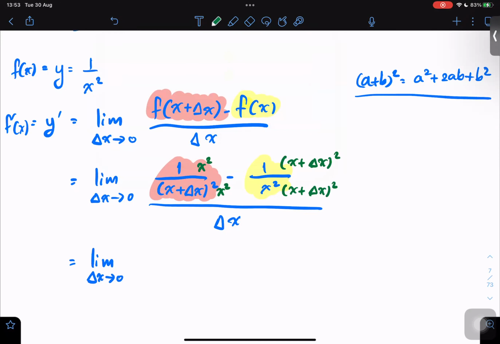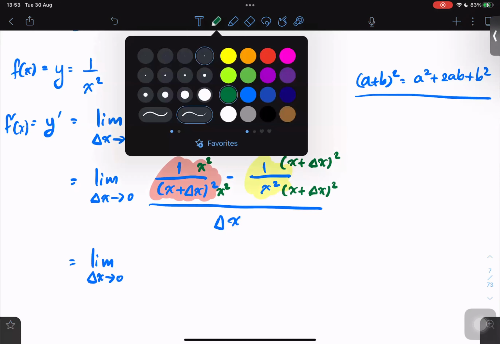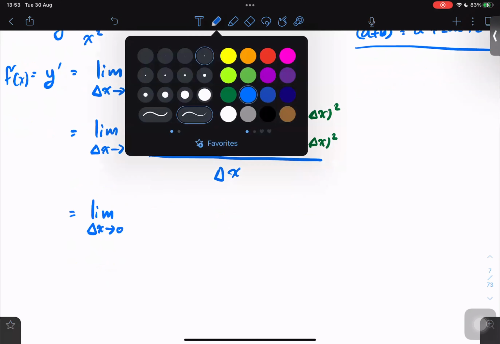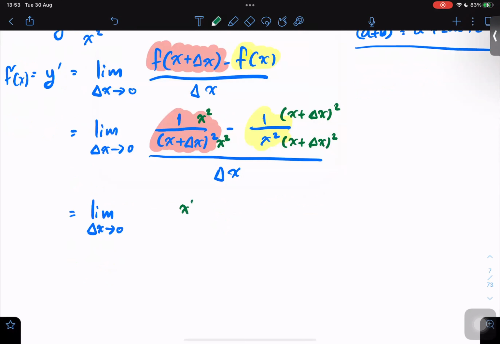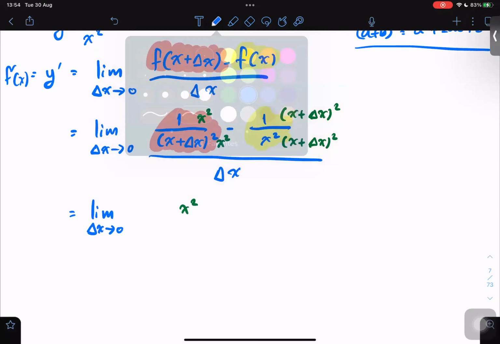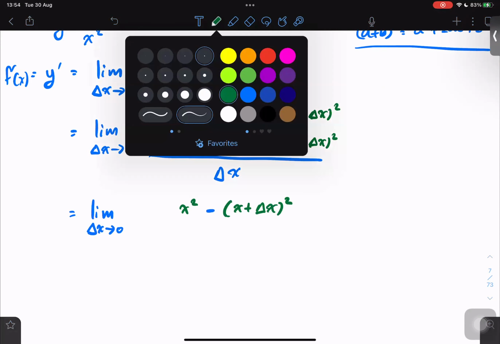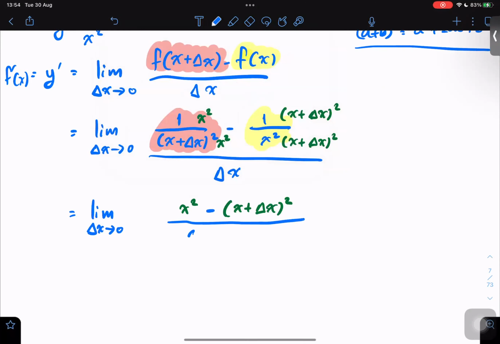When I do it like this, you will get x squared minus x plus delta x squared over x plus delta x squared times x squared, like this.